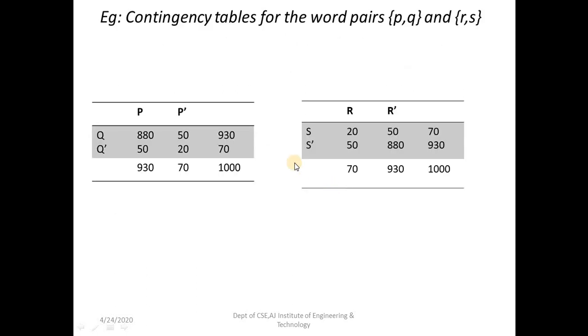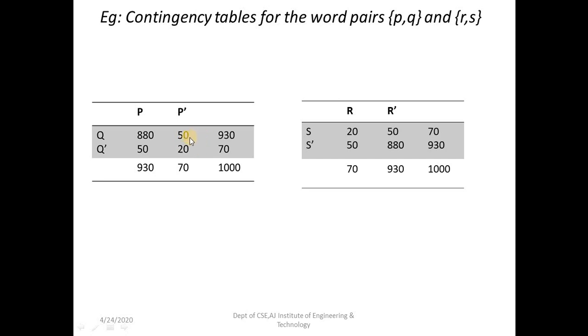Now let us look at the contingency table for the pair of words P, Q and R, S. So this is the contingency table for the pair of words P, Q and R, S. This entry suggests the occurrence of both words P and Q. This entry indicates that both P and Q do not occur.